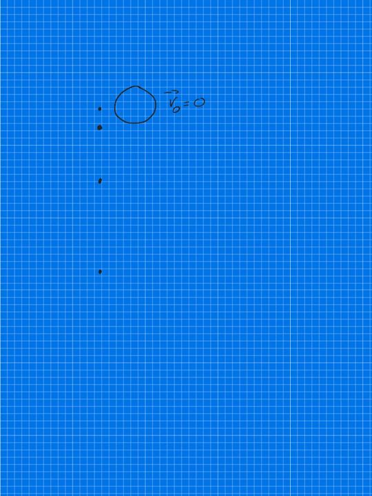So this would be, wait, that's at 0 seconds, so it hasn't started moving yet. Then here's 1 second, 2 seconds, 3 seconds. Okay? Those are my velocity vectors.